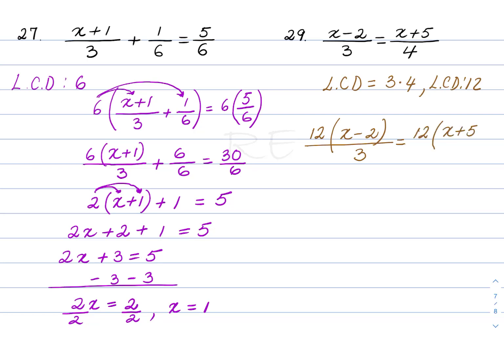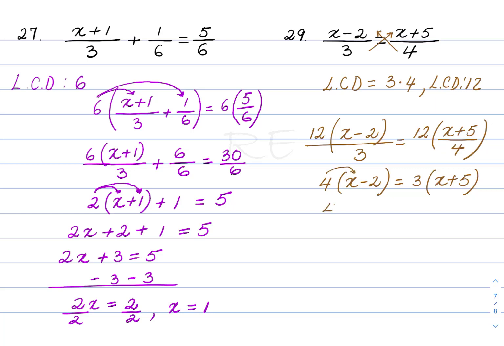We could just cross multiply, but they ask us to clear the fraction first, so we'll just do it as an exercise. 12 divided by 3 is 4. 4 times x minus 2. 12 divided by 4 is 3. 3 times x plus 5. Notice we'll get the same thing if we cross multiply.